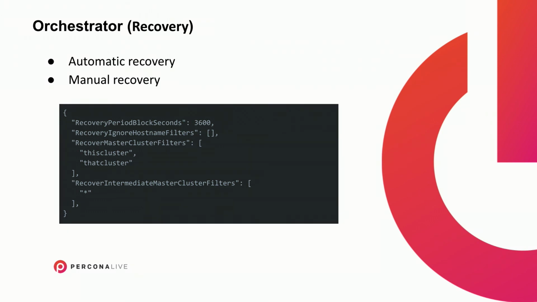I actually have a follow-up question on acknowledgements, especially with automatic recovery. Is there a way to do the acknowledgements automatically? Yeah, it is possible through the command line, so you can place it in a hook as well.